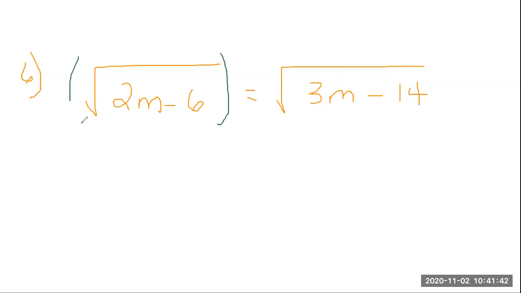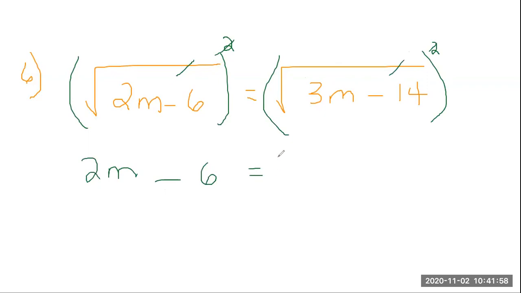So you square both sides. Since the squares cancel, 2m minus 6 is equal to 3m minus 14.